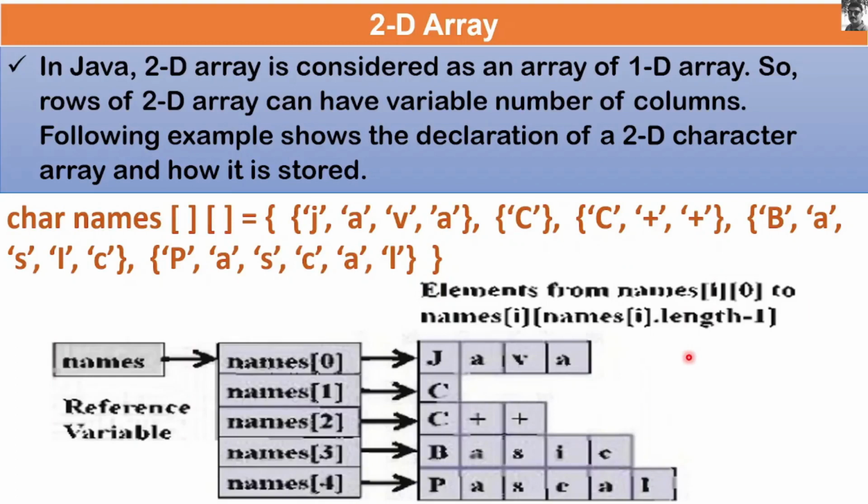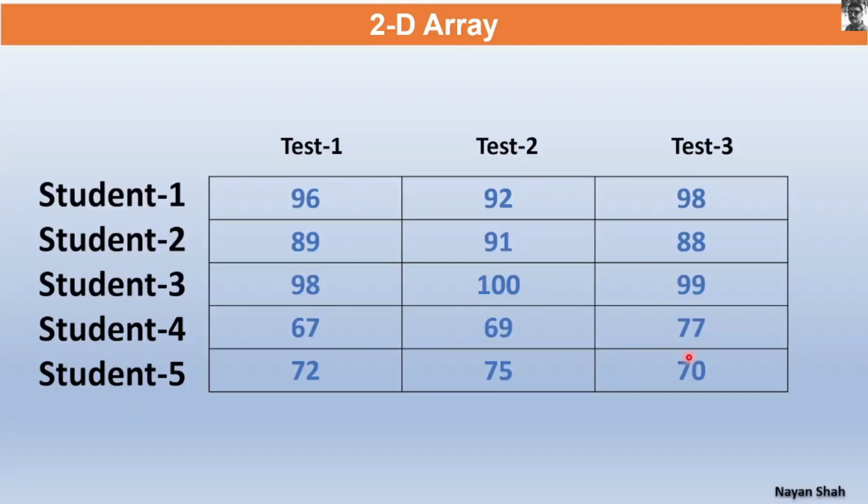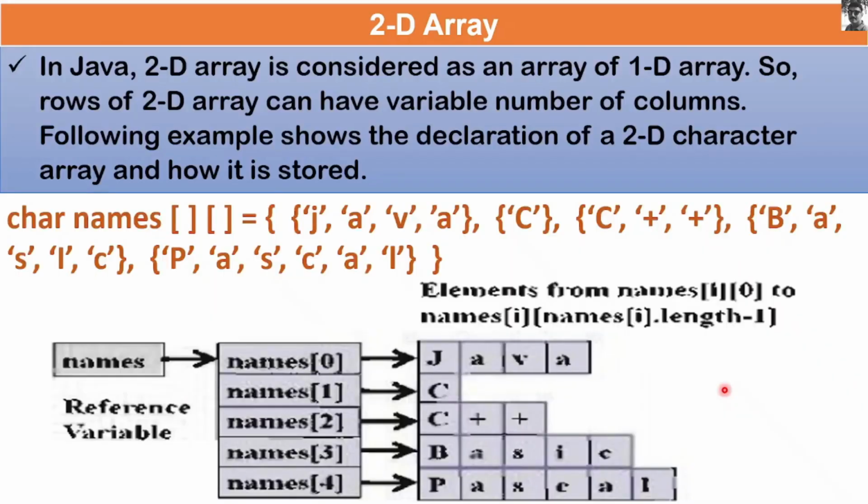So in Java, a 2-dimensional array is considered as an array of 1D arrays. So rows of a 2D array can have a variable number of columns. Not necessarily must a 2D array be of perfect size in both rows and columns. It can be like this as shown here in the textbook example, where the name of the array is names.